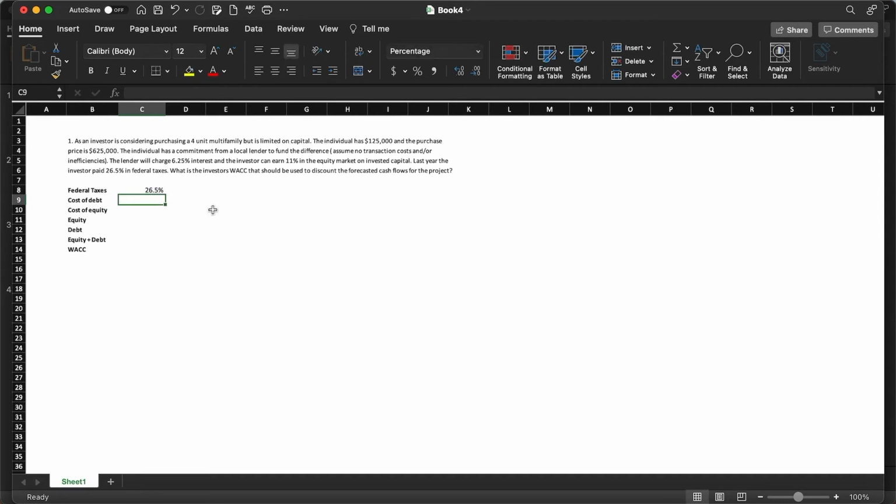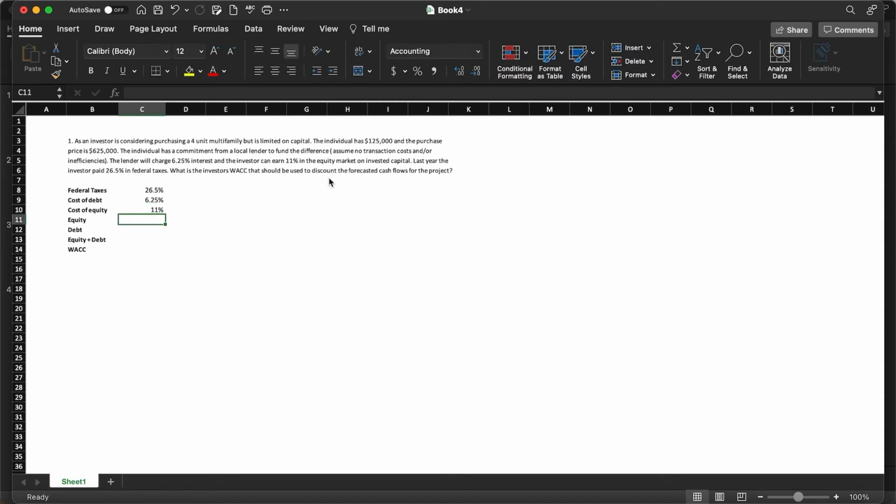The cost of debt, we know that the lender is charging us 6.25% interest, so that would be our cost of debt. The cost of equity, we know that we can earn 11% in the equity market on this invested capital, so that would be the opportunity cost of using our own equity, and that's 11%.